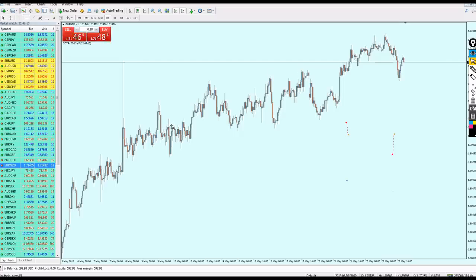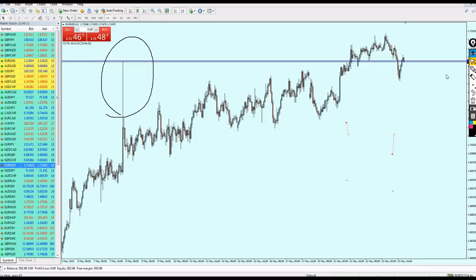And by the way, this is more powerful than support and resistance. Why? Because on the left we have this long wick here, this long wick here, and we want to place our sell based on the top of this resistance. So you can do like that. You can draw your resistance on this level as the resistance level.